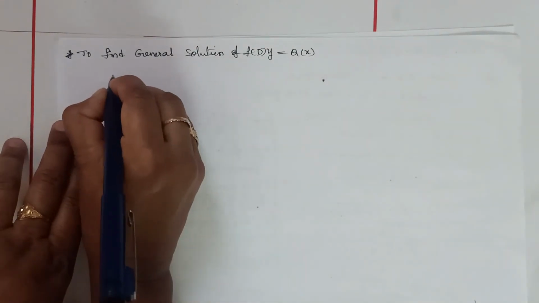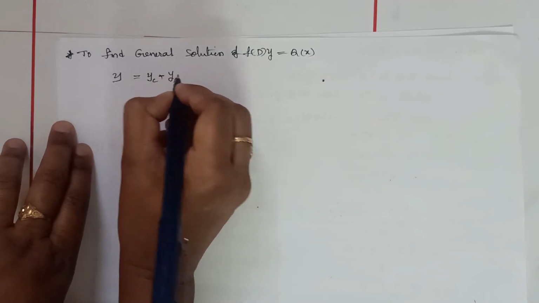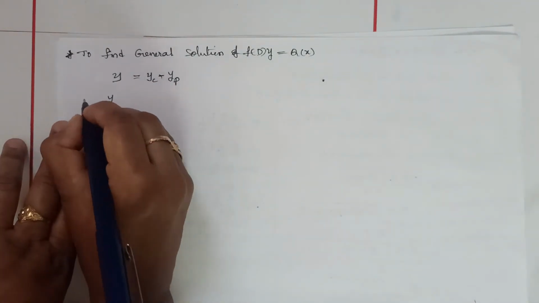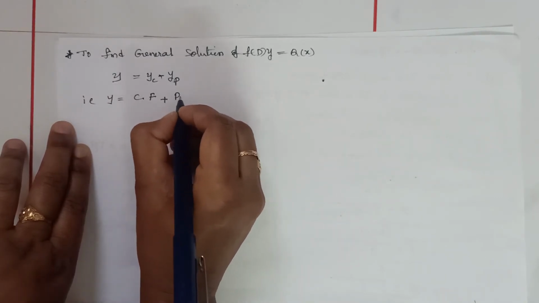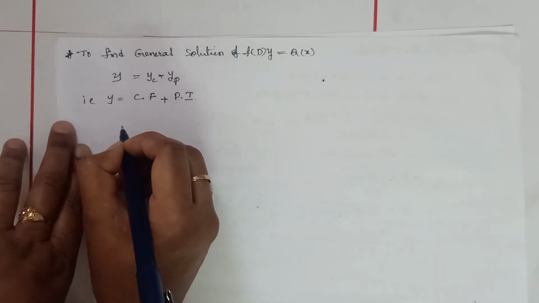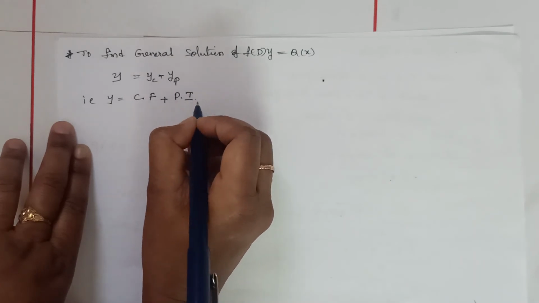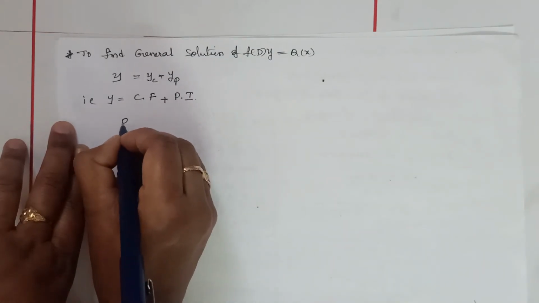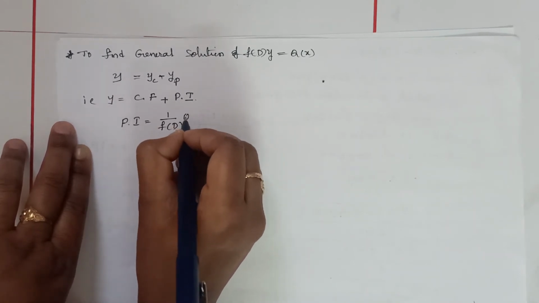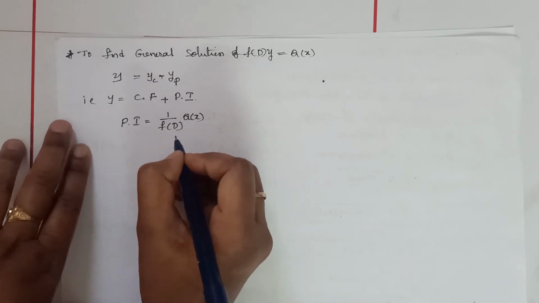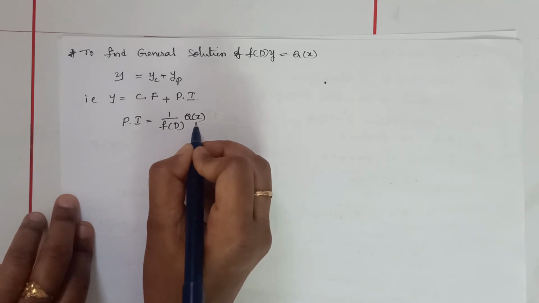The general solution is given by yc plus yp, that is y is equal to yc, the complementary function, plus yp, the particular integral. The particular integral is evaluated as 1 by f of d into q of x.